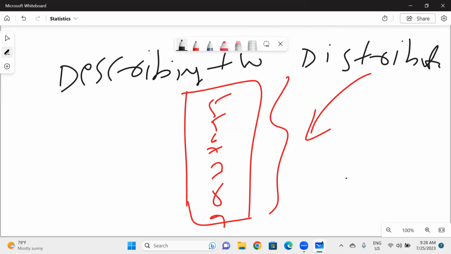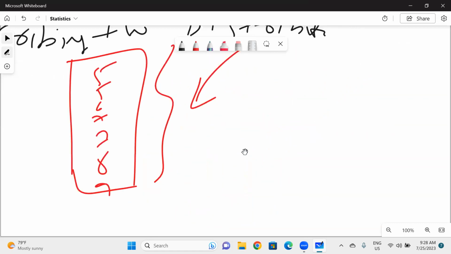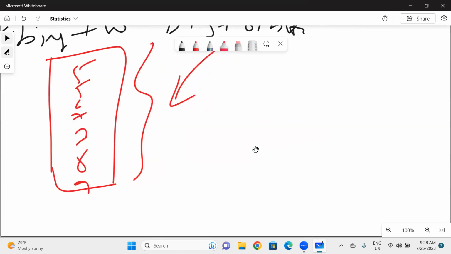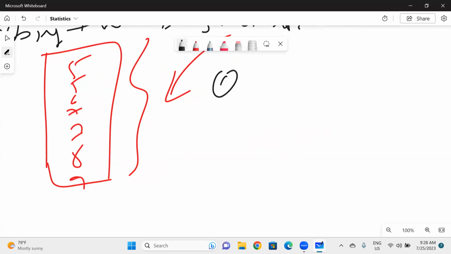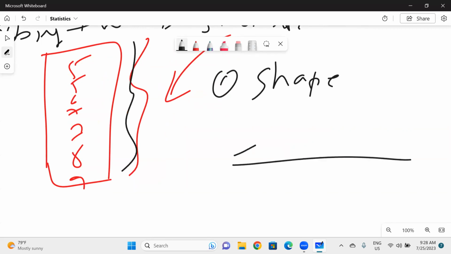There are mainly four things that can help you describe how your data is distributed. The first one is the shape of the distribution. Once you plot that particular data, you will get a distribution something like this. So the data is symmetrically distributed.